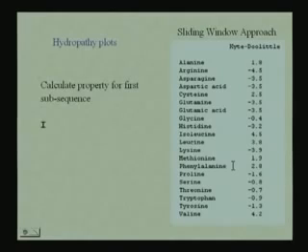What do I mean by a subsequence? Say I have this as my amino acid sequence. Let us just write this down. We have isoleucine, then leucine, another isoleucine, lysine, glutamic acid, isoleucine, arginine.